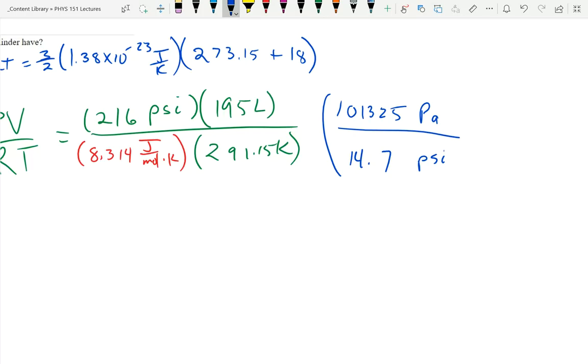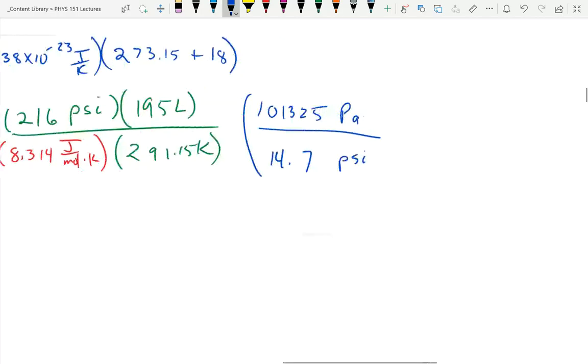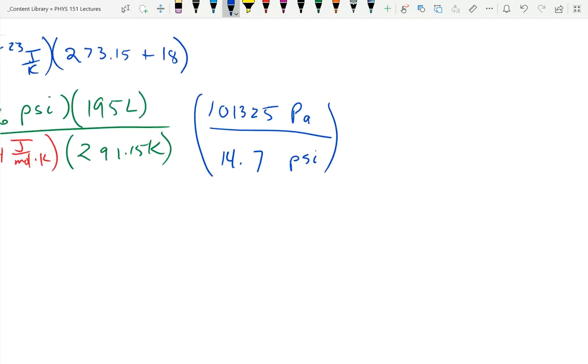You don't have to have these memorized, no. And you should look that number up to have more than 3 significant digits in the conversion factor as well. So don't just use these conversion factors and then say, I did exactly what he did and I still got it wrong, because I know that 14.7 is an approximation. And then we have liters on top, so I need liters on bottom. And what's our standard unit for volume?